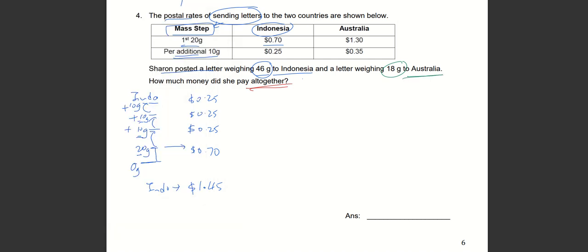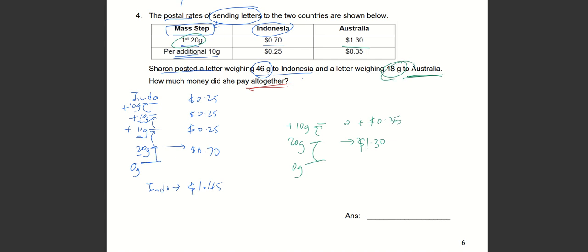In the case of Australia, it's also in step rates. So starting with 0 grams, the first 20 grams will be $1.30. If I have another additional plus 10 grams, that will mean an additional 0.35.